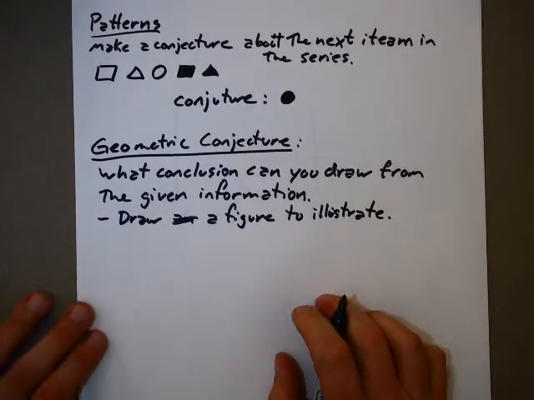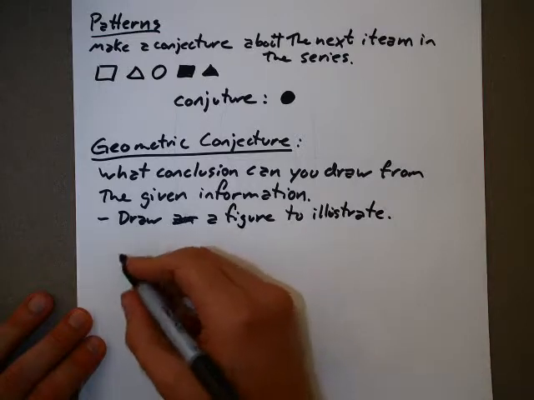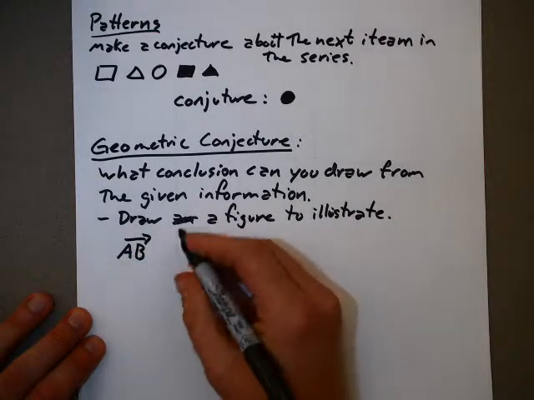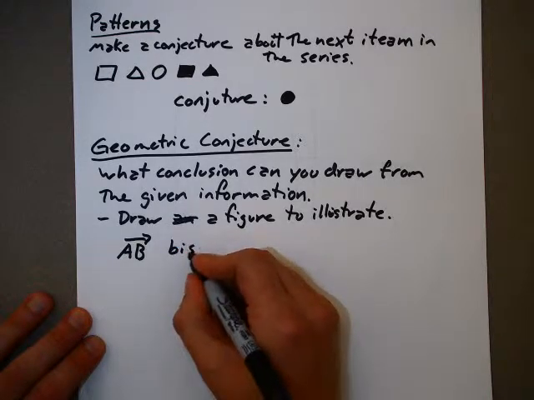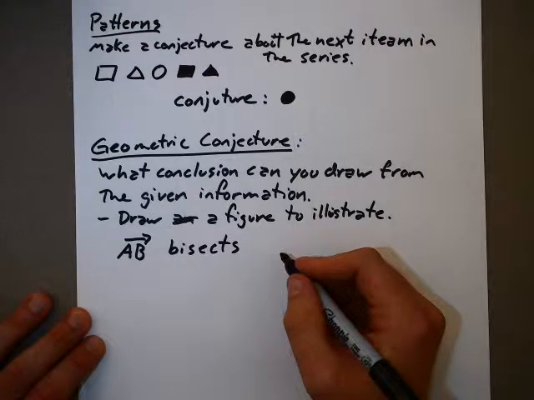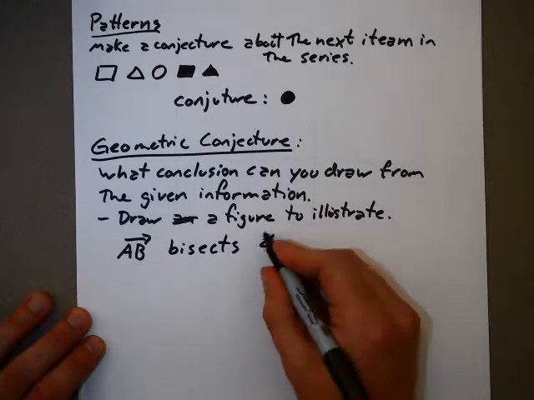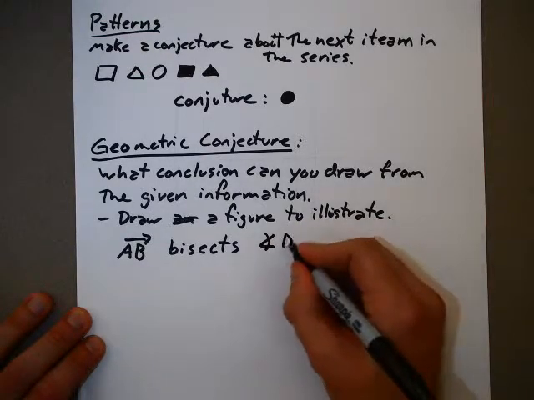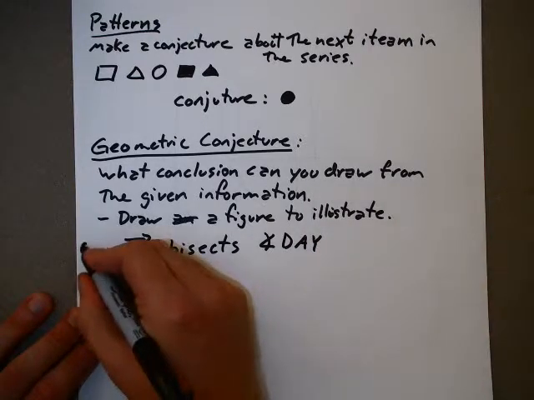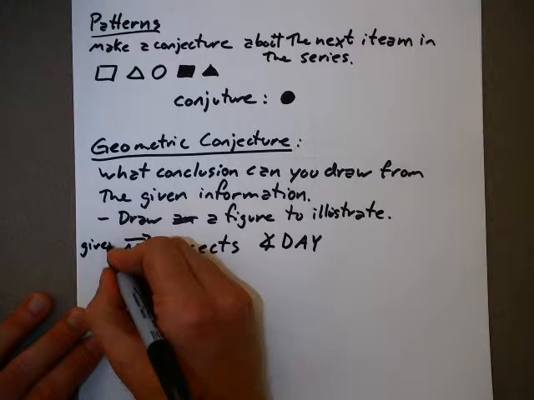Alright, so an example would be something like this. Ray AB bisects angle DAY. This would be given information.